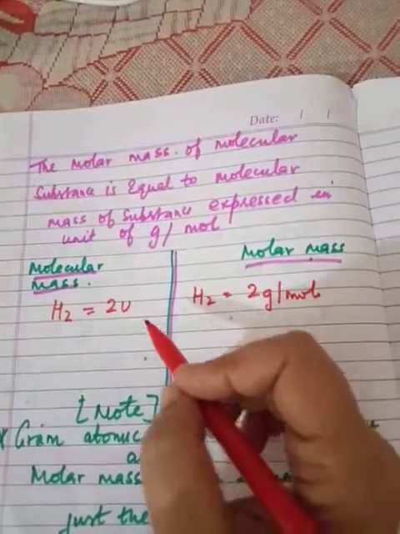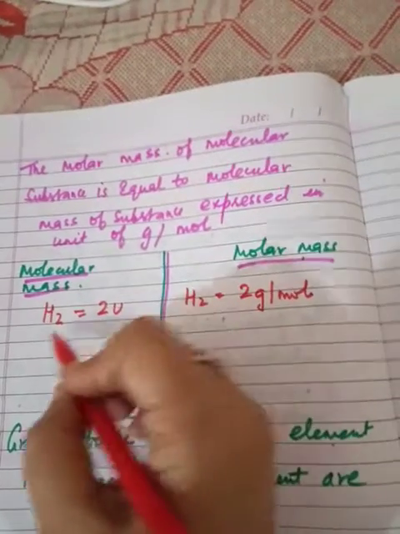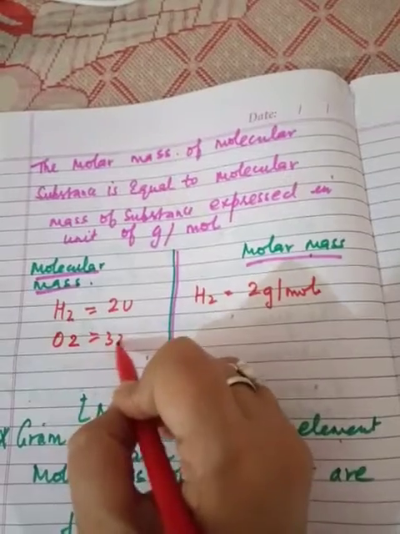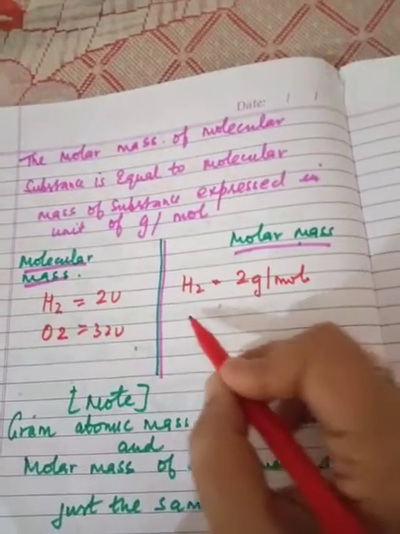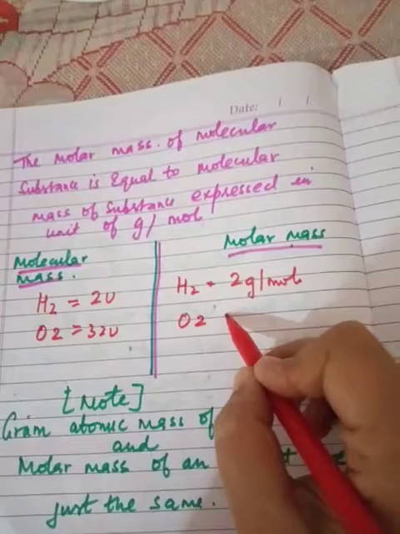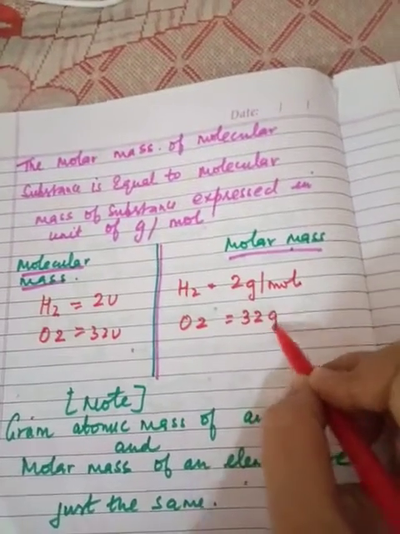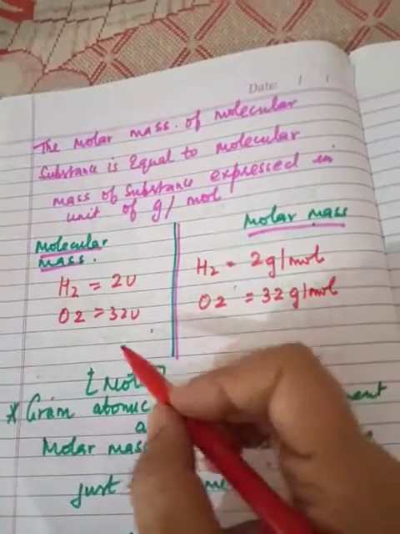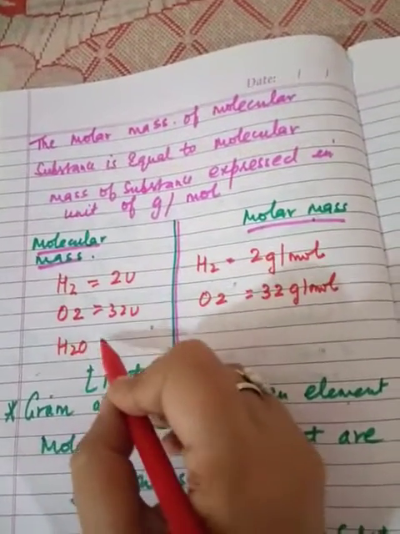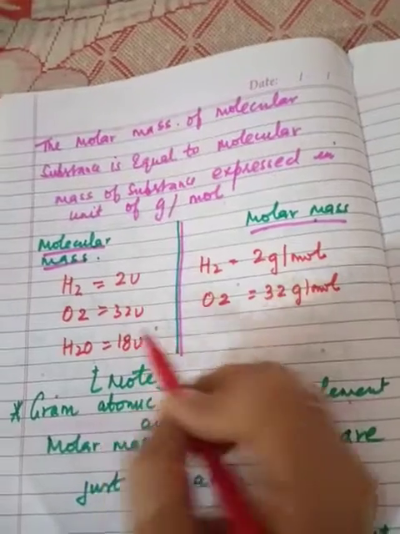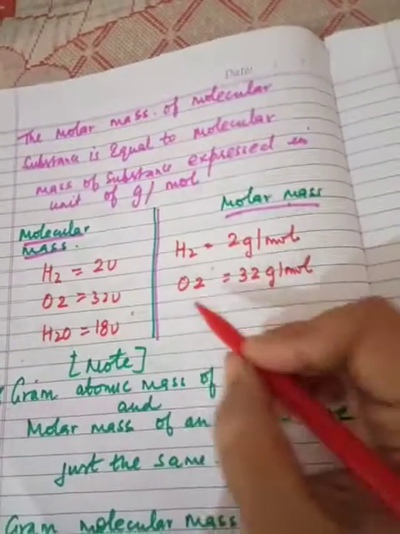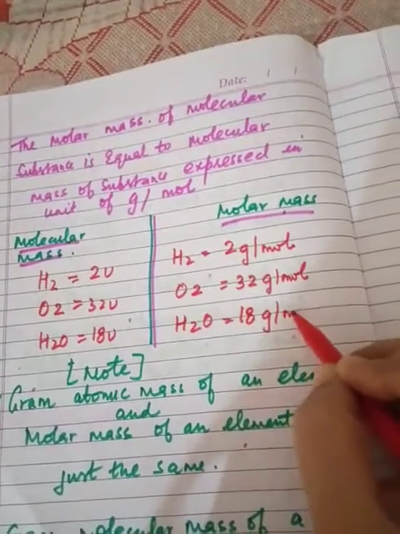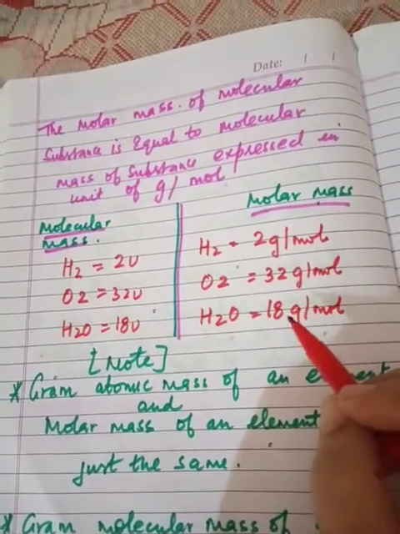We can take another example, the molecular mass of oxygen O2, that is 32 U. So the molar mass of oxygen O2 is 32 gram per mole. We can take the example of water also. H2O, water, is 18 U, and the molar mass of water H2O is 18 gram per mole.